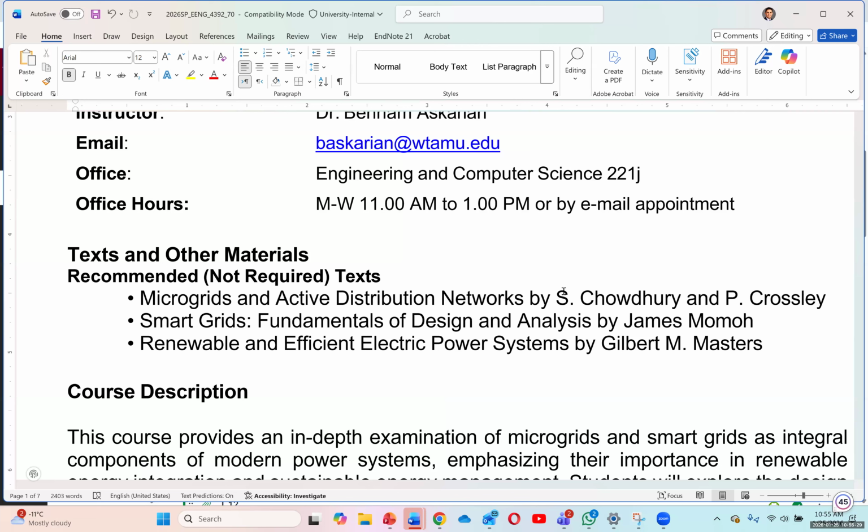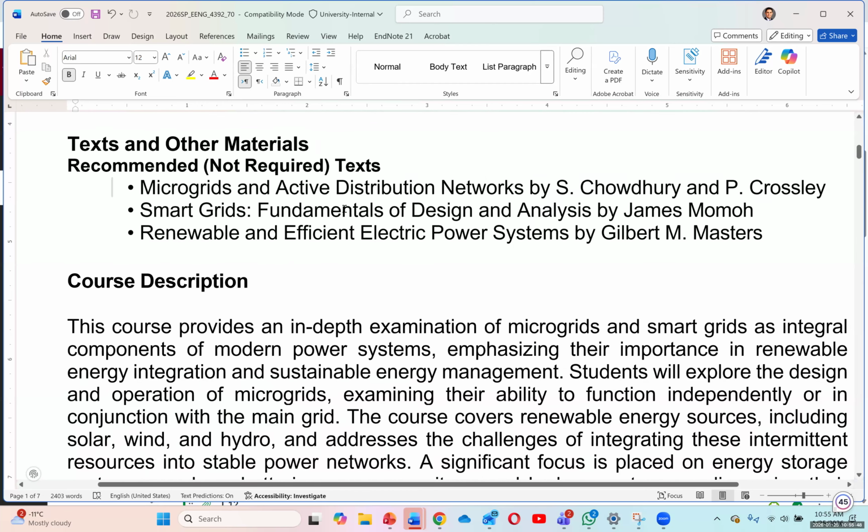But if you are interested in diving deep into some of the topics and want to solve some of the homeworks and examples, these are the books recommended for this class: Microgrids and Active Distribution Networks by Chaudhary and Crossley, Smart Grids: Fundamentals of Design and Analysis by James Momoh, and Renewable and Efficient Electric Power Systems by Gilbert Masters.